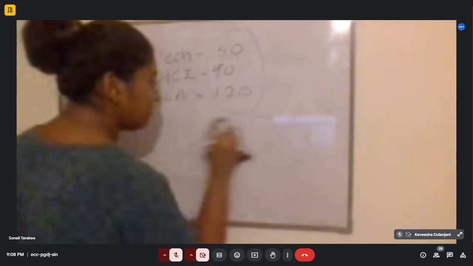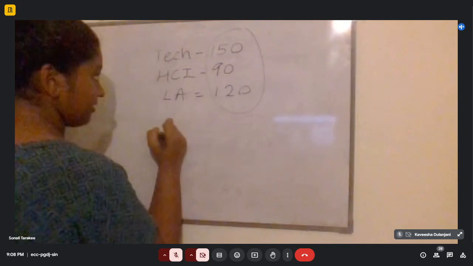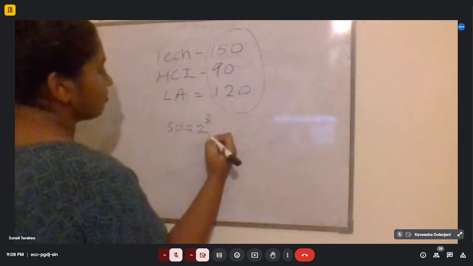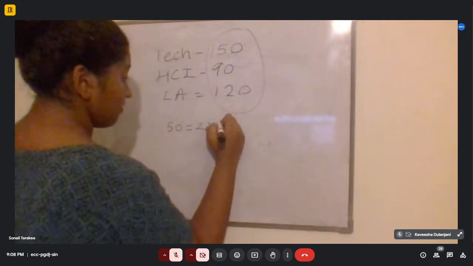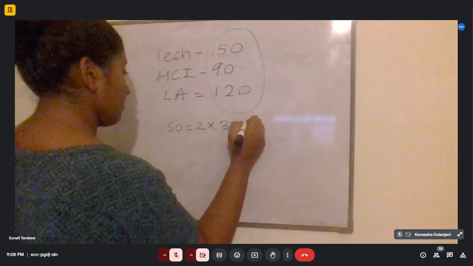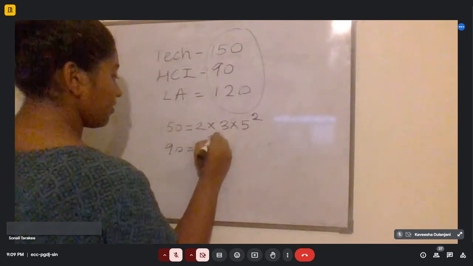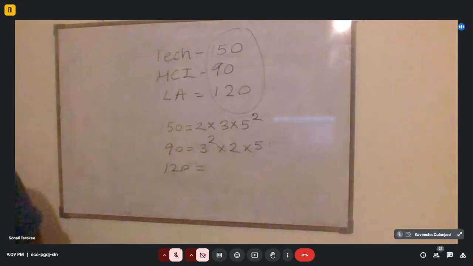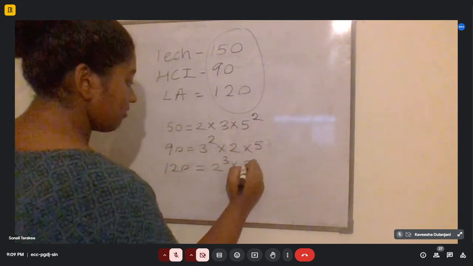So if you calculate HCF, again you can write it in prime factorization form. 150 you can write 2 to the power, let's say 75. 90 you can write, and 120 you can write to the power 3 into 3 into 5.